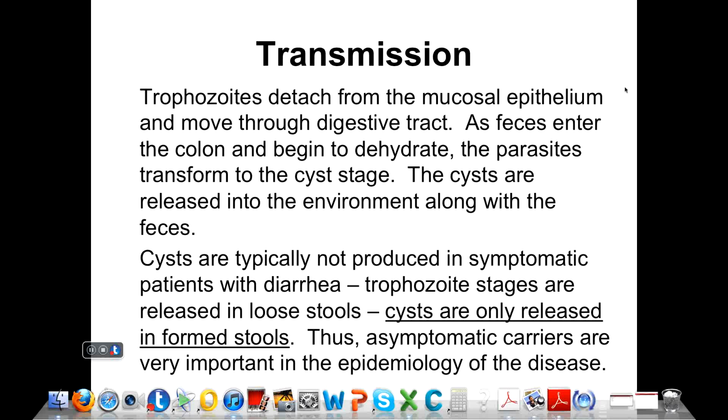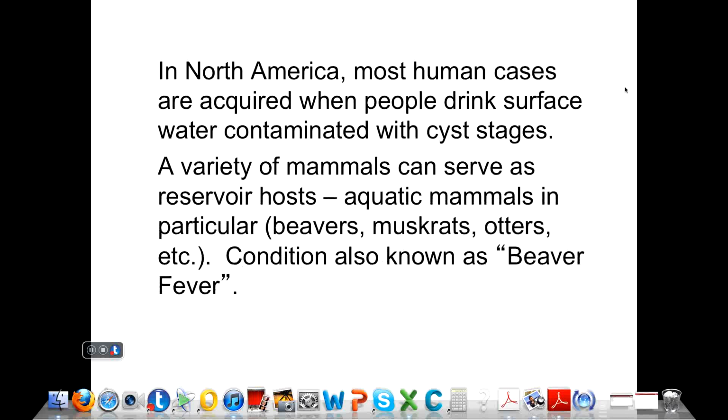Similarly, reservoir host mammals in the environment are also asymptomatic, but they are releasing cysts into the water, which an unsuspecting person can come along and drink and become infected. Giardiasis is found across the world, and we certainly have it in North America.